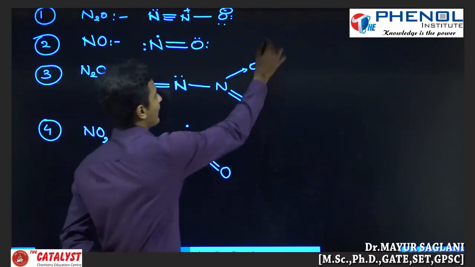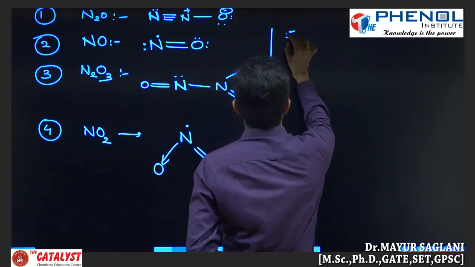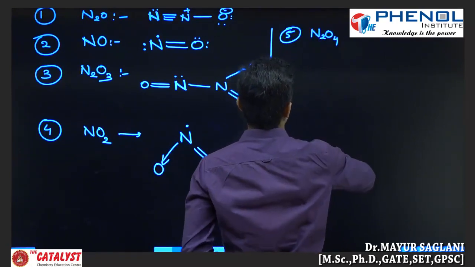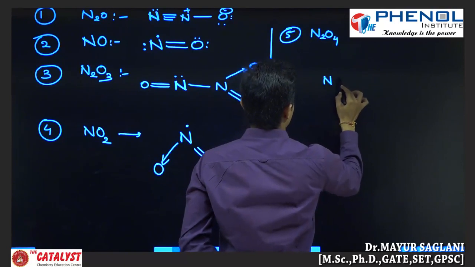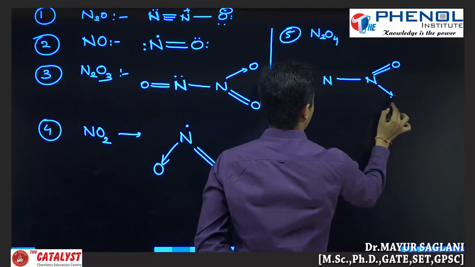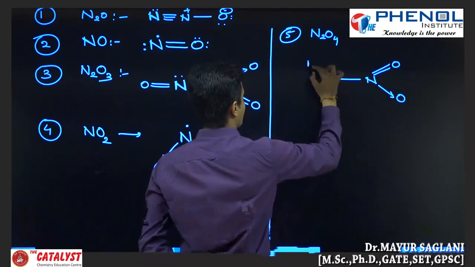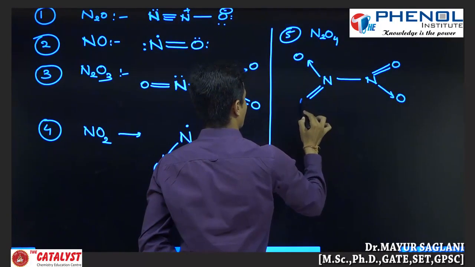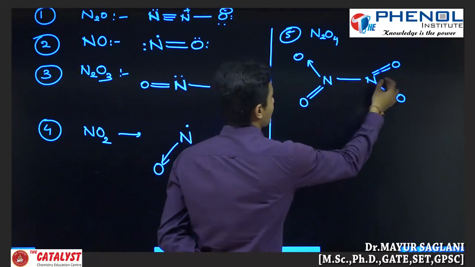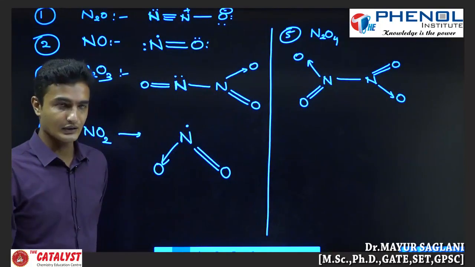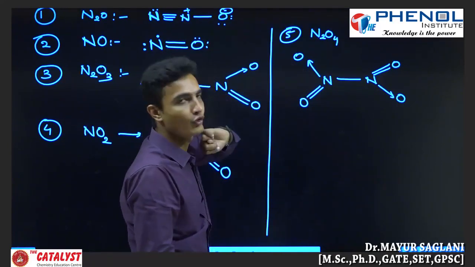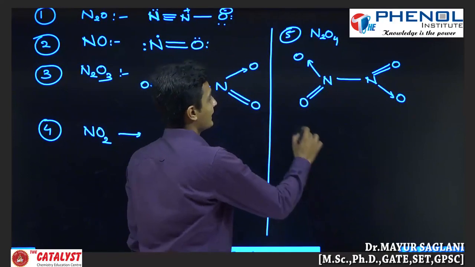If you want to write a structure of N2O4, that is just a dimer of NO2, then nitrogen single bond nitrogen, double bond oxygen, covalent coordinate bond oxygen, covalent coordinate bond oxygen, and double bond oxygen. If you write a structure like this, then it would be diamagnetic by nature, and if you write this double bond O upside and covalent coordinate bond downside, then it would be paramagnetic by nature.